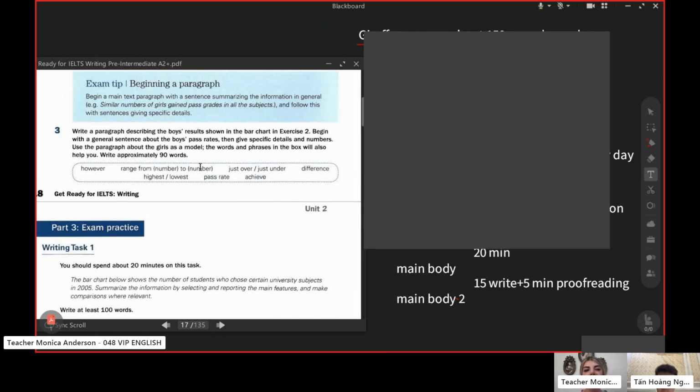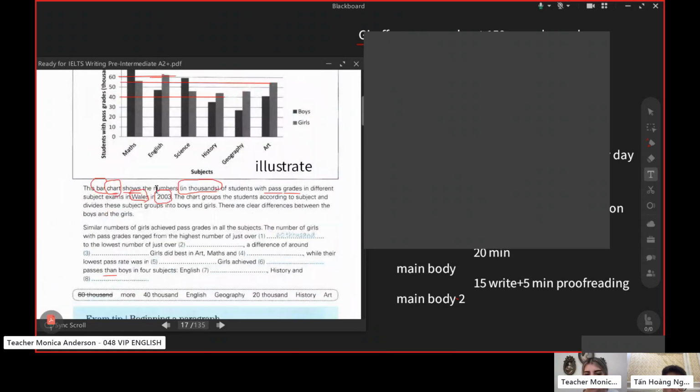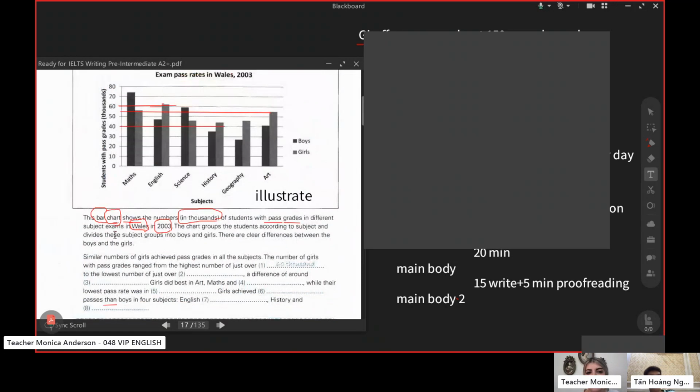Write approximately 90 words. No, you don't need to write 90 words, but it's okay. I have something like a sample here, but I want you not to use this one. Try to write for yourself, on your own.